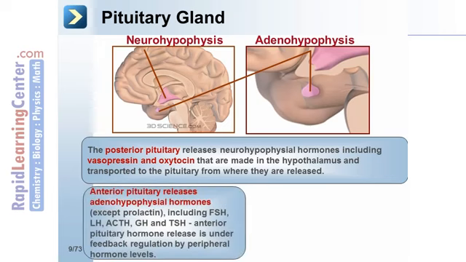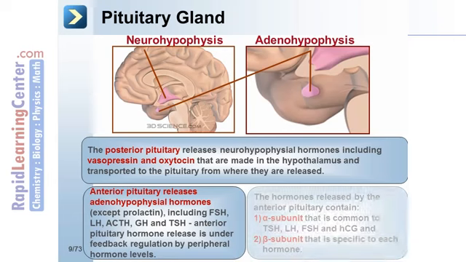With the exception of prolactin, the anterior pituitary releases adenohypophysial hormones, including FSH, LH, ACTH, GH, and TSH. The function of the anterior pituitary is under regulation by the hypothalamus, and anterior pituitary hormone release is under feedback regulation by peripheral hormone levels.